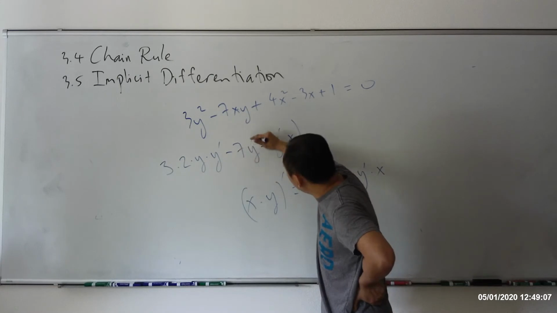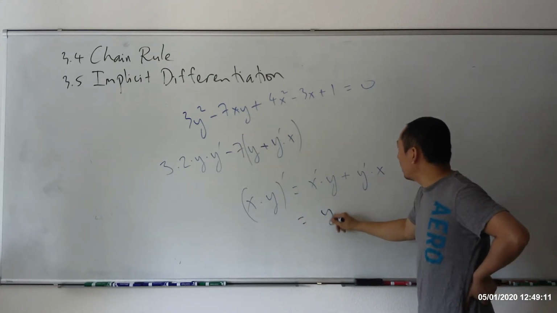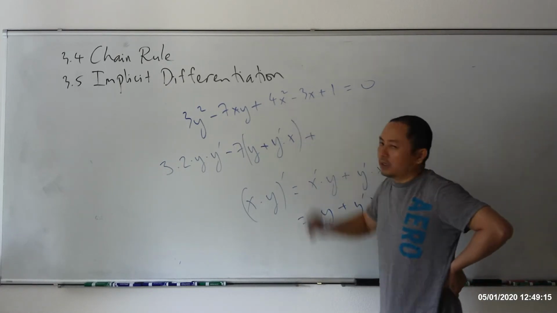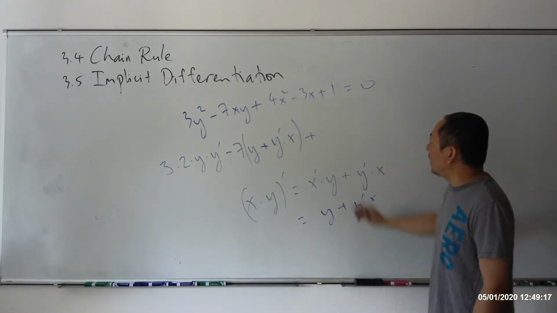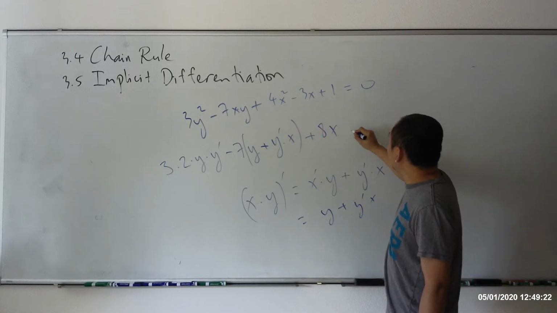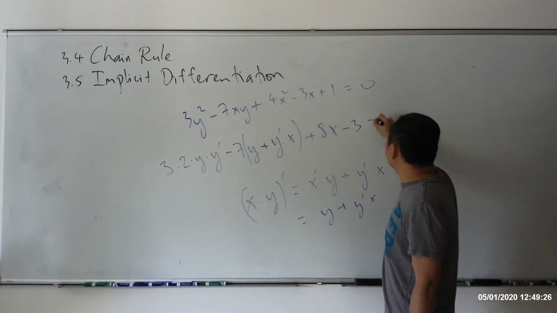7 is outside the whole thing, right? You got this is just y plus y prime x. Plug in here. And now the next terms turn out simple because we don't have any y in here. The derivative of 4x squared is 8x. The derivative of negative 3x is negative 3. The derivative of 1 is 0. And the derivative of 0, of course, equals 0.